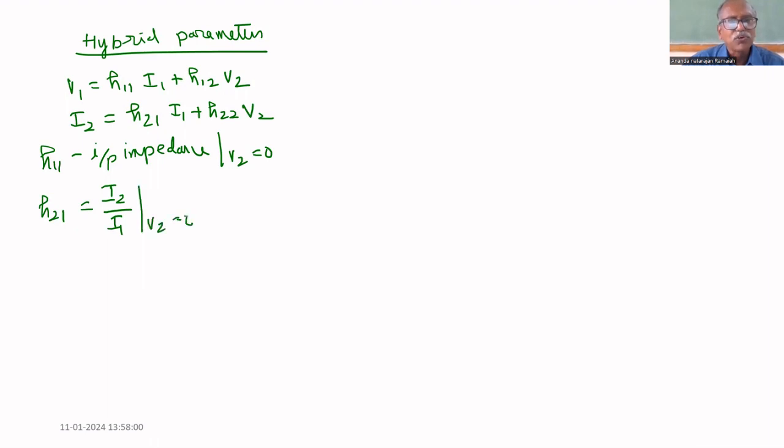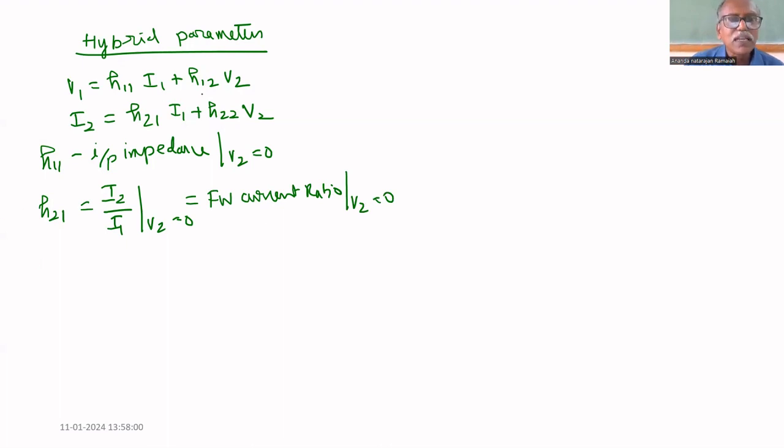That's why it is called forward current ratio, the ratio between output current and input current.